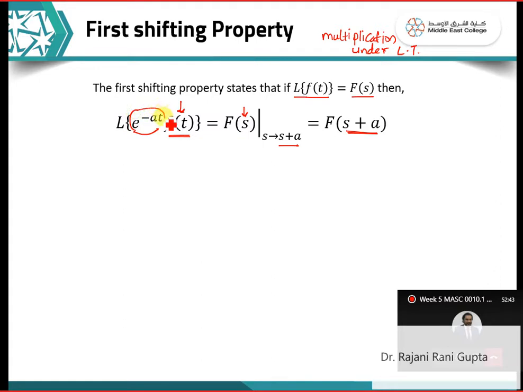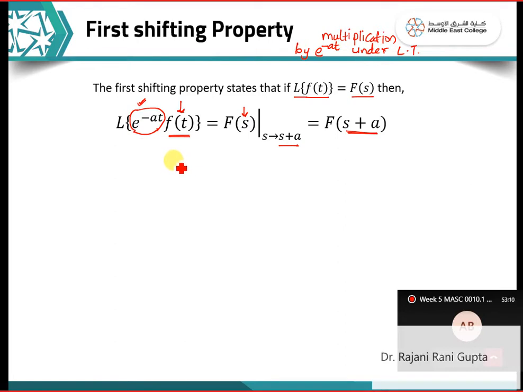This is the requirement: you have to find the Laplace transform of a multiplication of two terms, and one of the terms should be e power minus at. Then only you can use this property. So we say multiplication by e power minus at, that is, multiplication by an exponential function. Here a can take a positive or negative value.